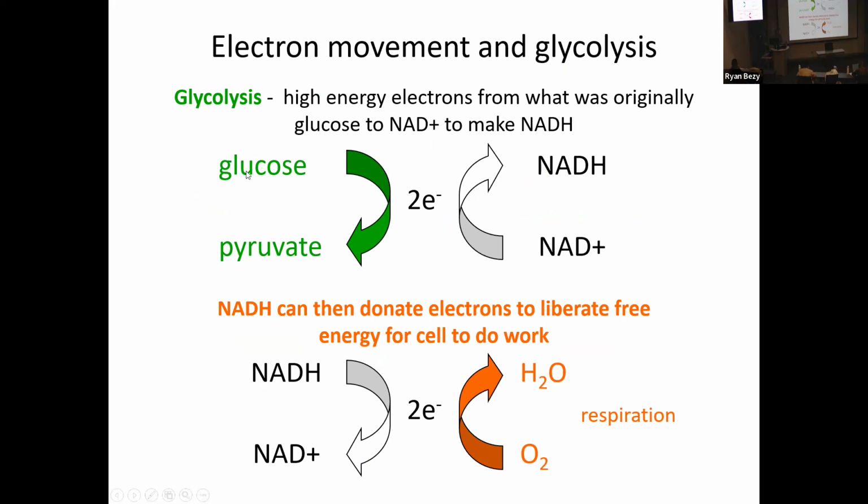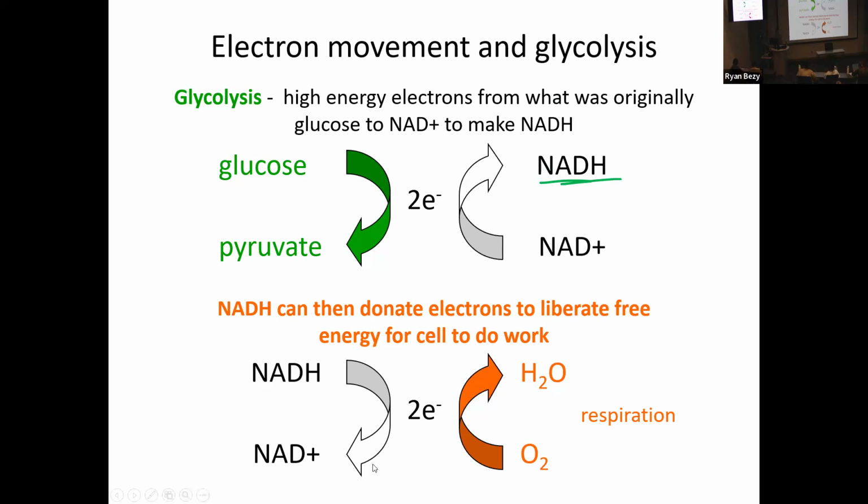During glycolysis, electrons come off of glucose, or what had originally been glucose, and those electrons go on to NAD+ to make NADH. That NADH is then storing high energy electrons, and it's an energy currency for the cell.